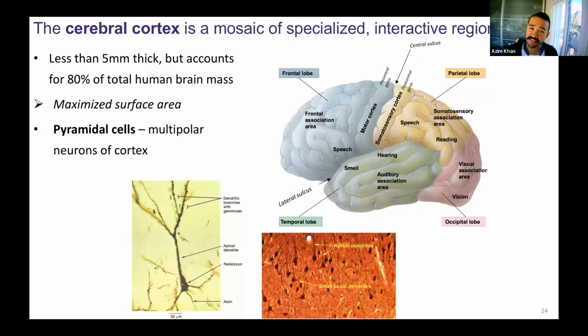An area just anterior, rostral, to the central sulcus is a gyrus. This is called the precentral gyrus. In this precentral gyrus are neurons that control our skeletal muscle movements.